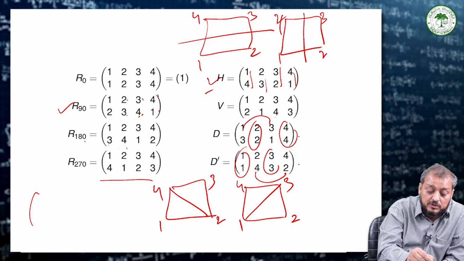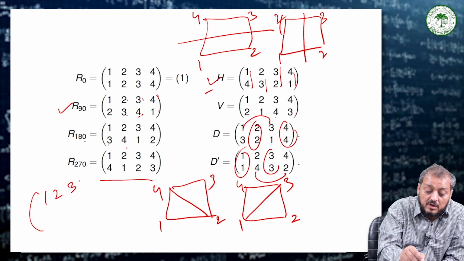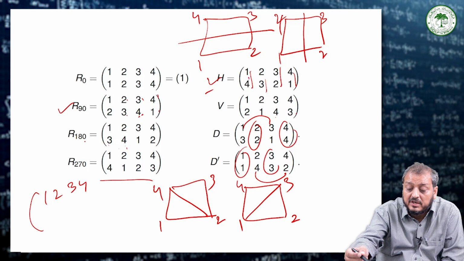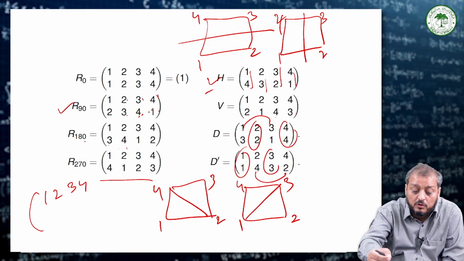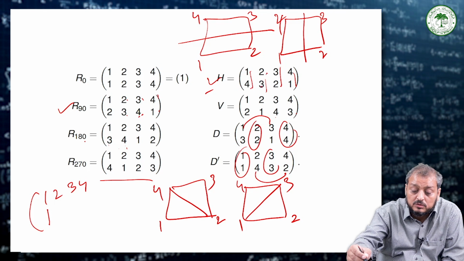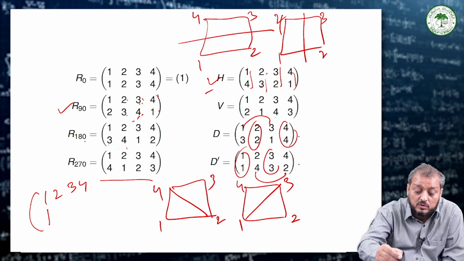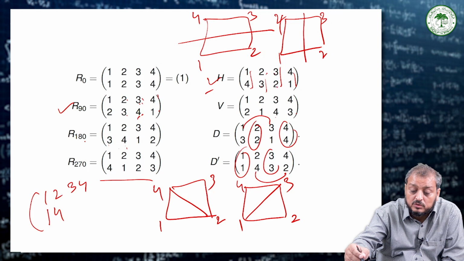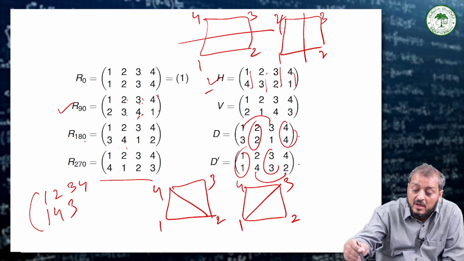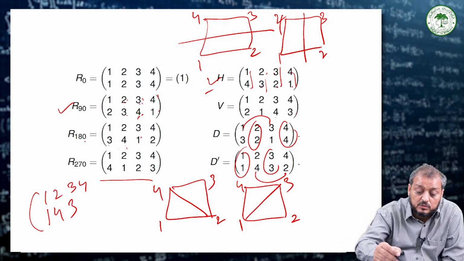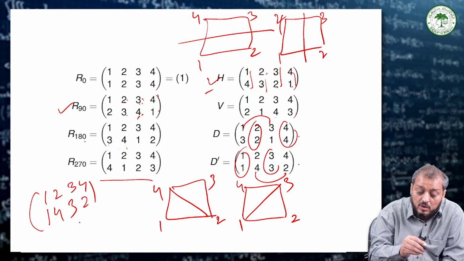So if you take the composition of these two, 1, 2, 3, 4, R 90 composed with H, so H is: 1 goes to 4, 4 goes to 1, 2 goes to 3, 3 goes to 2. Then R 90: 2 goes to 3, 4 goes to 1, and 1 goes to 2. So what is this?